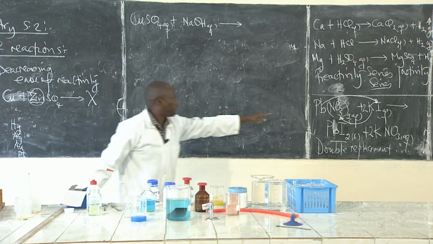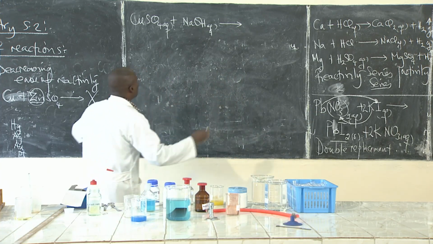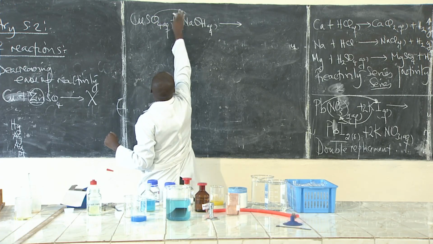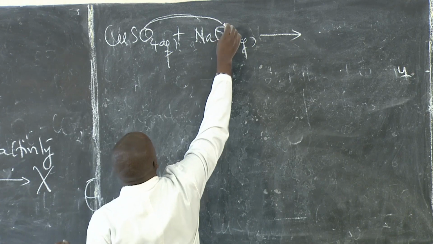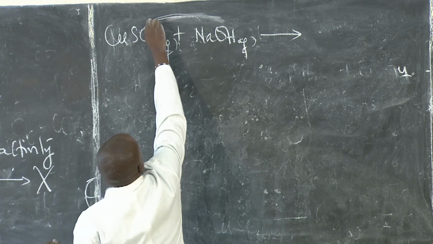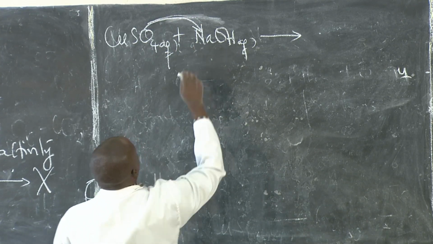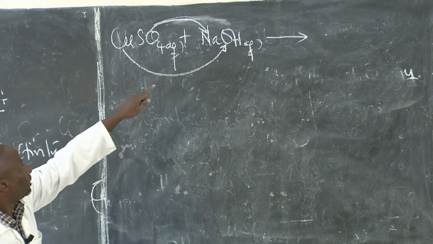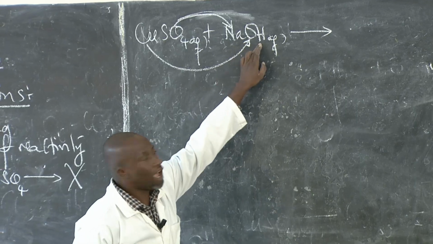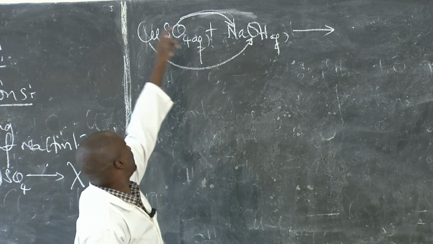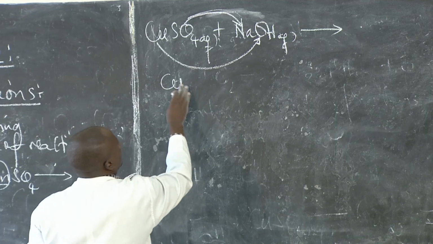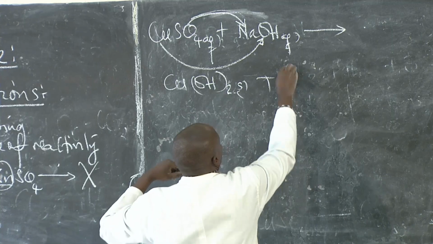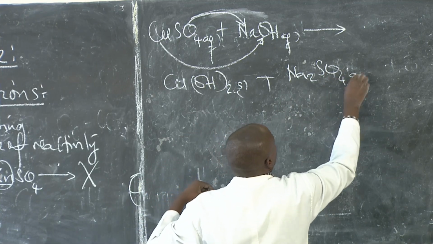Can you just predict from what we did here? So you can easily predict from this one. The sulfate combines with the sodium. So what is happening? The cation of one compound reacts with the anion of the other. So this one gives copper hydroxide solid, plus sodium sulfate.